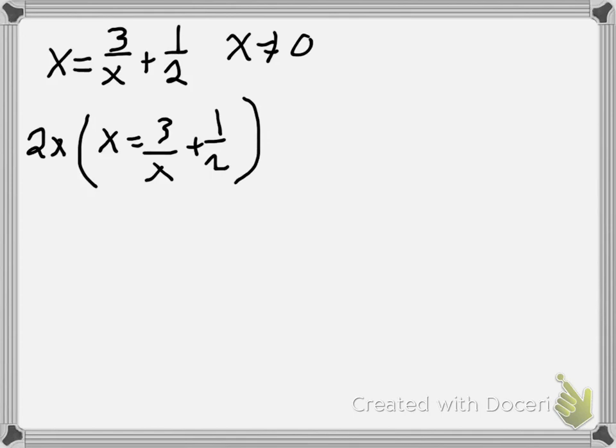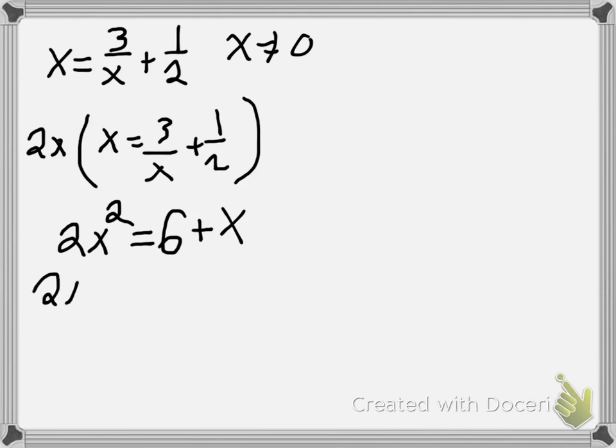Now, 2 times x is 2x squared. Some of you tried to tell me that that was just x. I'm like, what? So I get 2x squared equals, now the x's cancel here, so I have 2 times 3. That is 6. Now in the next part, the 2's cancel, so I have x times 1. Well, x times 1 is x. Now I want to make this equal to 0, so I'm going to leave the 2x squared by itself.